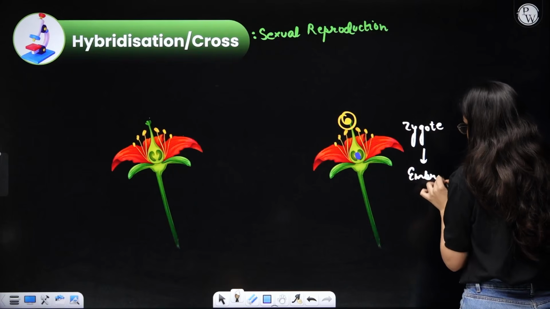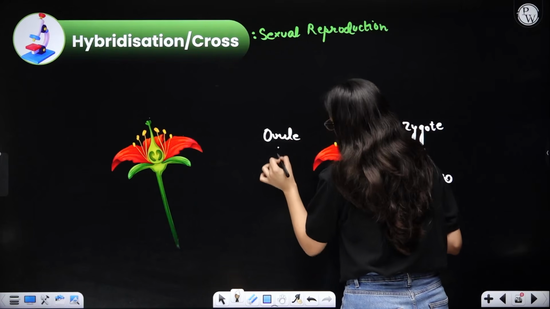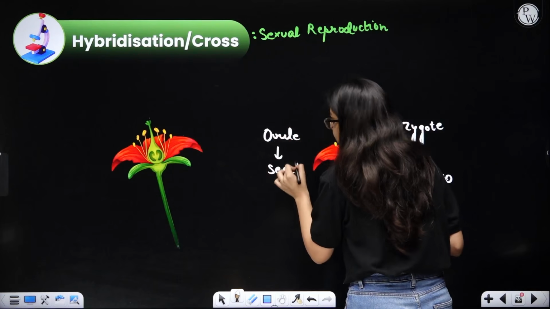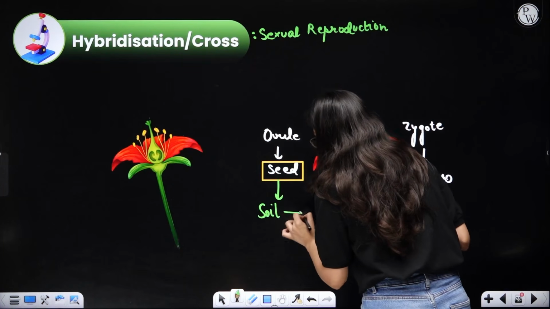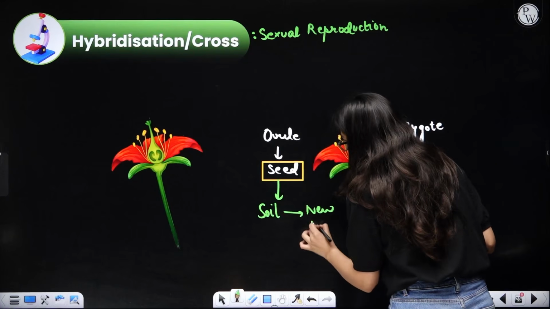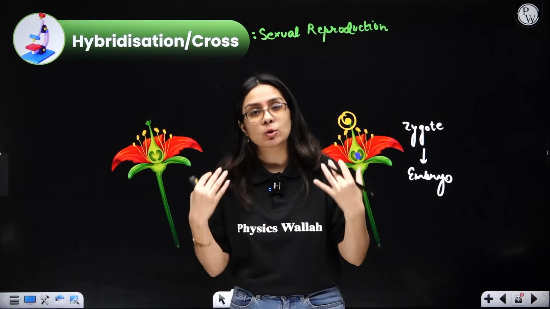Meanwhile, you know that the ovule will actually form the seed. So when the ovule forms the seed after sexual reproduction, you sow it in the soil and then you will get a new plant. So all that he did was hybridization between pea plants for so many years. He produced so many new plants.